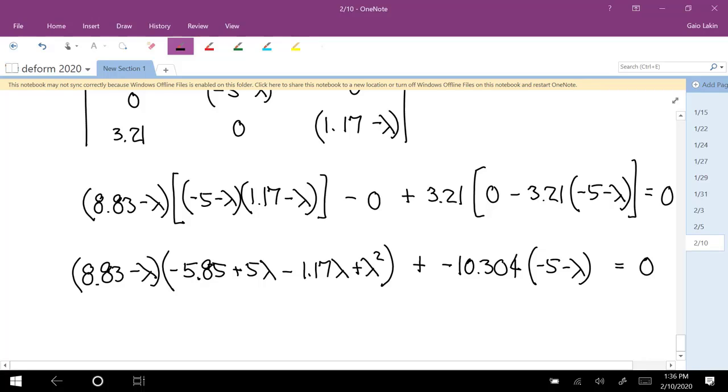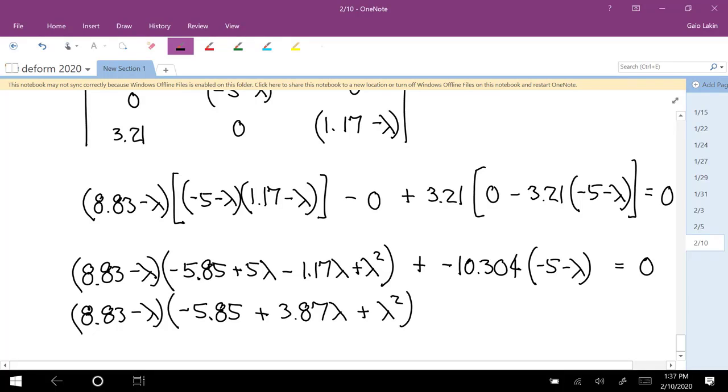Let's simplify a little, so we have 8.83 minus lambda times the quantity, negative 5.85 plus 3.87 lambda plus lambda squared.